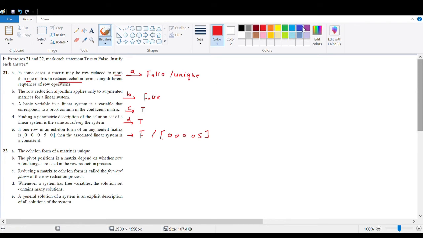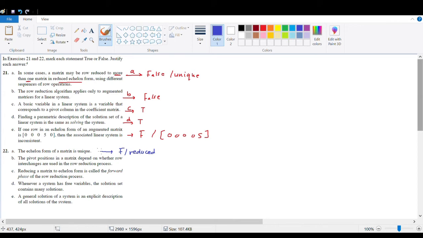Now let us see 22. A, the echelon form of a matrix is unique. This one should be false. We said the reduced echelon form is unique, so here it should be reduced. Reduced echelon form should be unique.